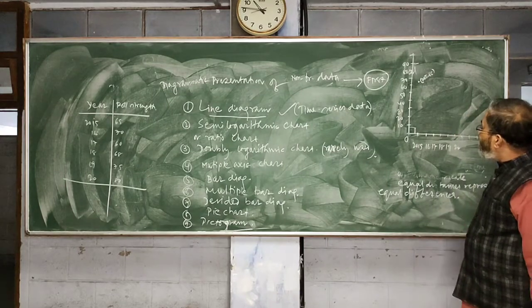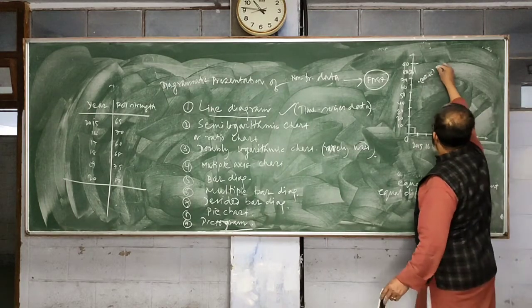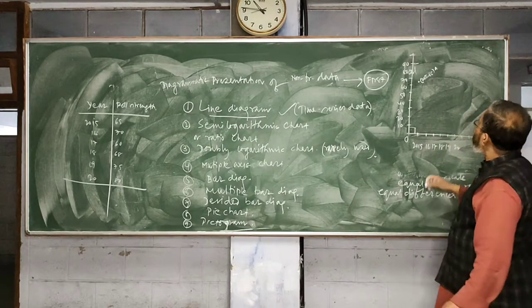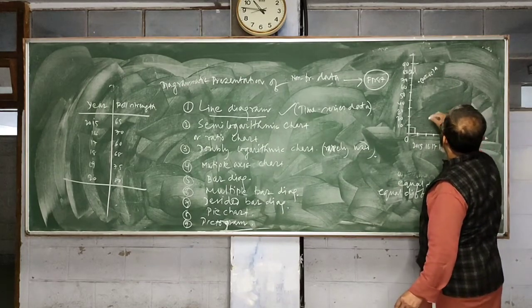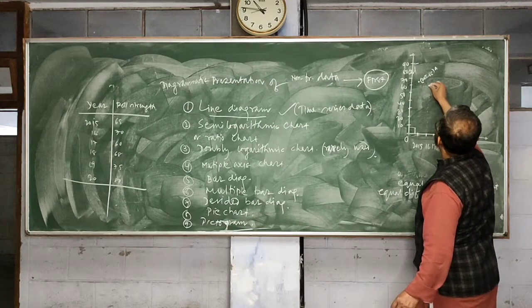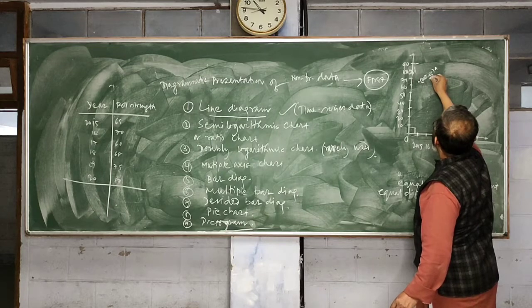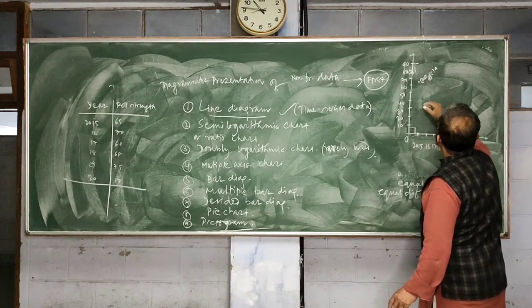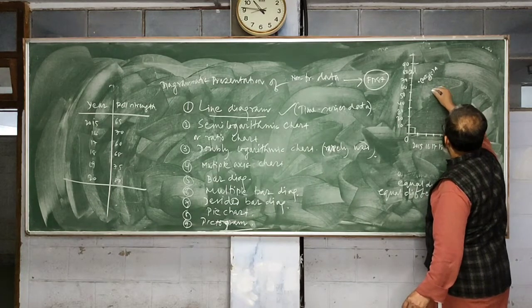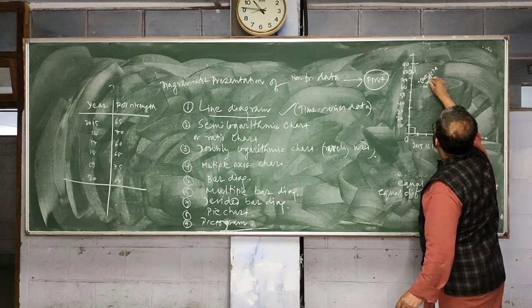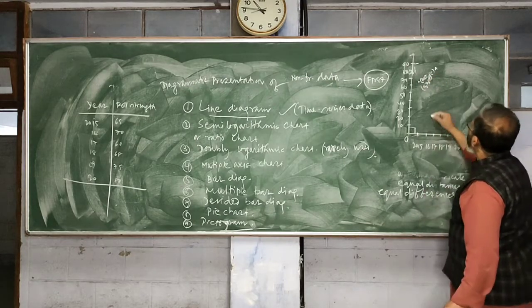This is a point, maybe point A. For 16, the data is 70. 60, 70, exactly here. This is 70. This data is 16, 70. Point B, suppose.